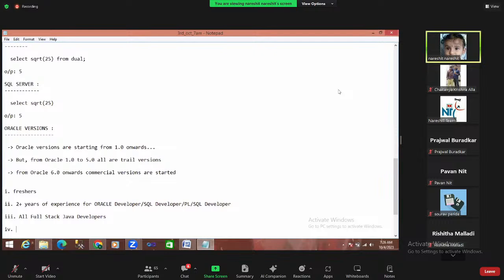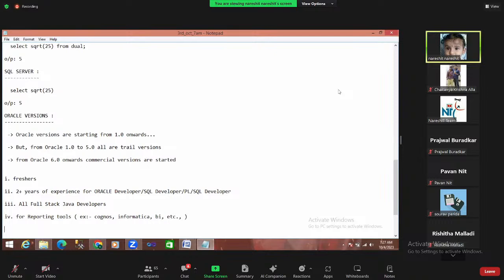And also, if anybody is learning reporting tools, reporting tools means Cognos, Informatica, BI, business intelligence, etc. For these also it is suitable.